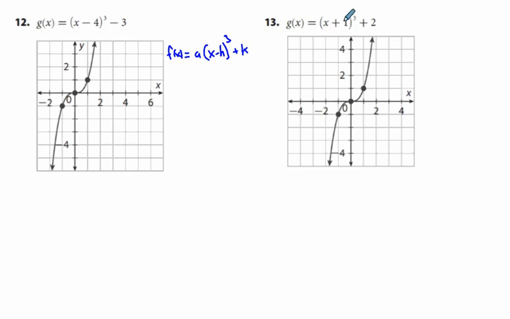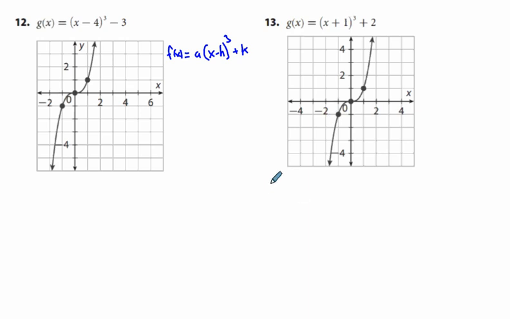So we have x plus. What we are doing is shifting to the left. X plus moves to the left, x minus to the right.